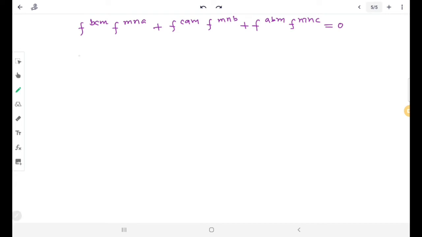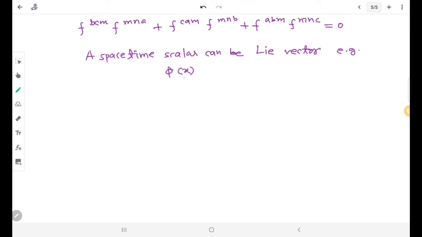Okay, and one more thing: a space-time scalar can be a Lie vector. This is very important. Suppose, for example, we have this phi vector.